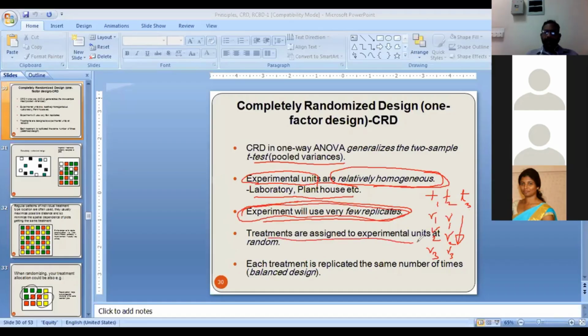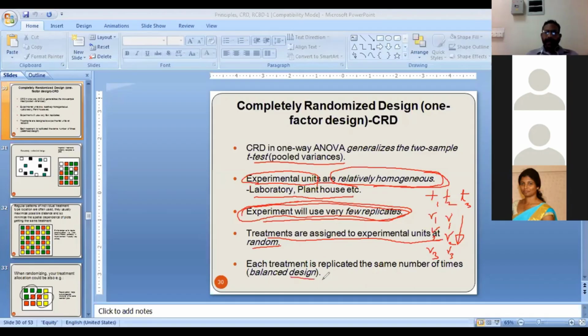Treatments are assigned to experimental units at random. That is true not only for this design but for any design. RCBD, we will come to that a little later. In any design, treatments are assigned on a random basis to all the experimental units.